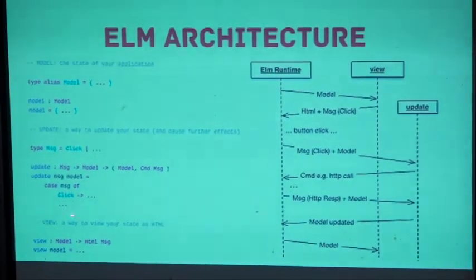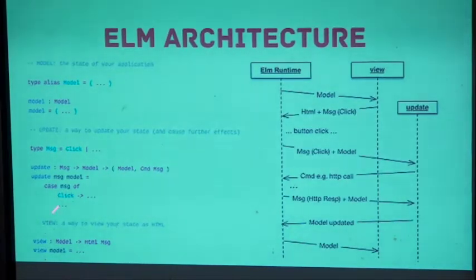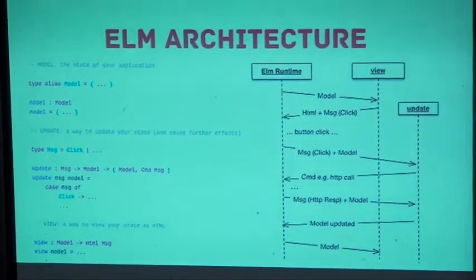And then at the bottom, what we have is the view. The view basically takes the state and produces HTML. The interesting thing about this return is that it's HTML that can produce events, because from HTML we can do clicks and add data to the input. And here we define what our HTML looks like.